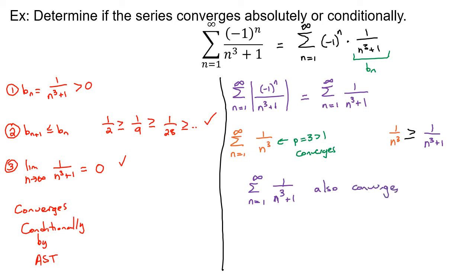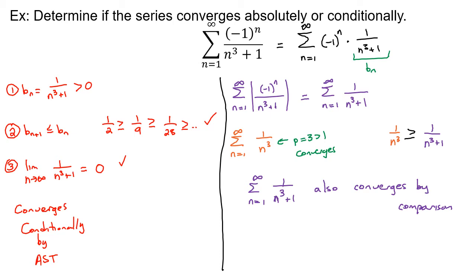Oh, that looks awful, doesn't it? Converges didn't come out very well. Let's try that again. Also converges, by comparison. Now, we actually showed that it converges absolutely, because we took the absolute value of the original series.